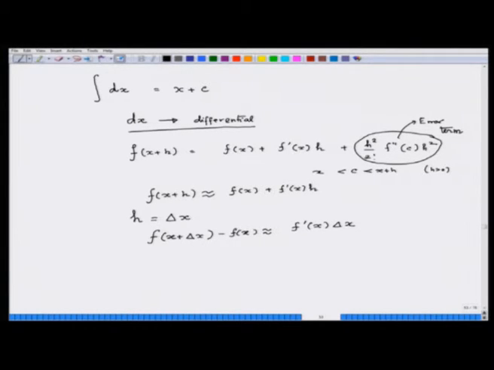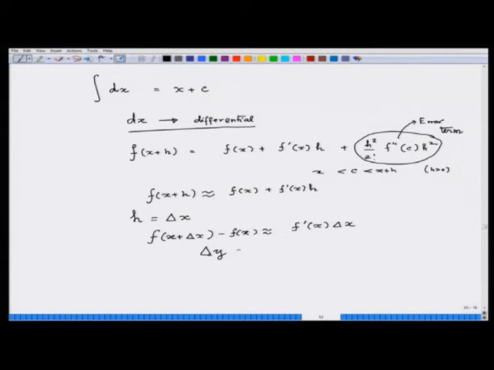Now, the difference between the function value at x plus delta x and the function value at x is often symbolized by physicists as delta y. This delta symbol is also very important in numerical analysis. Old numerical analysis books in mathematics have this sort of symbolism. But this symbolism is useful.